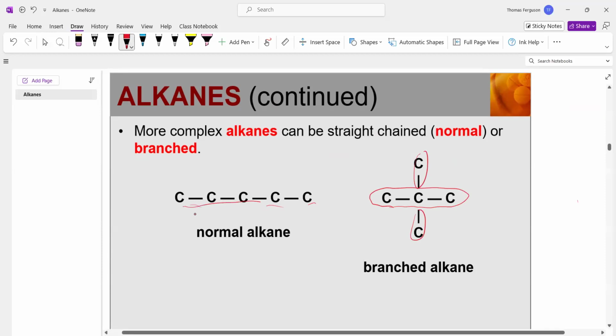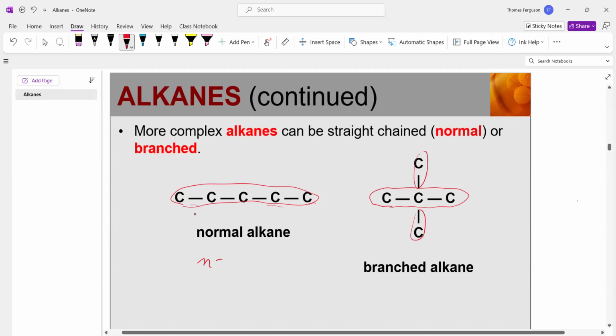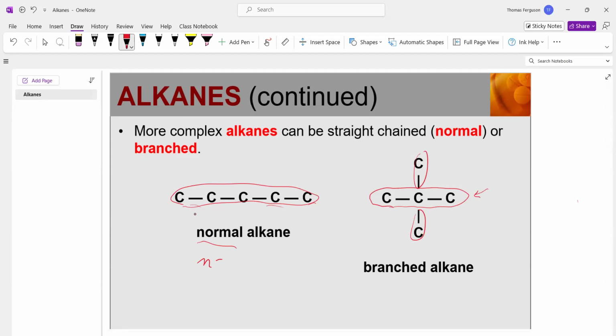This is the main backbone with no carbons branching off. Frequently, they're referred to when you're naming them as that. And then we'll get into this in a minute here, but they'll abbreviate the normal part. And this is based on a 3-carbon backbone with 2 branches, one carbon branches at the middle carbon.